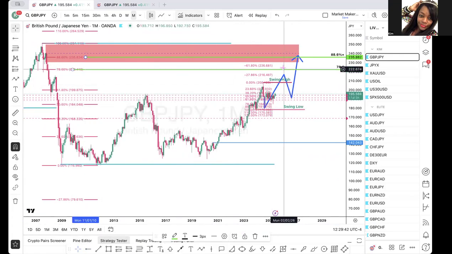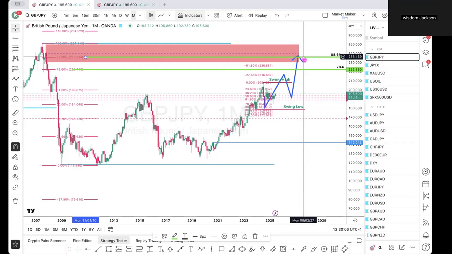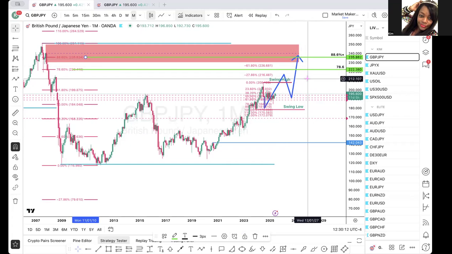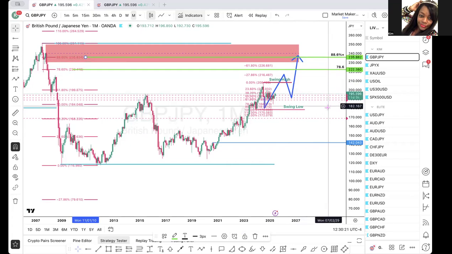Once price pulls back into one of these zones, you identify your structure, and as long as price is giving you bullish structure, you keep buying until it gives you a shift in structure. And then once you get a shift in structure, you look for your supply zone or your imbalance, set your limit, and then you can sell it back down to this zone.